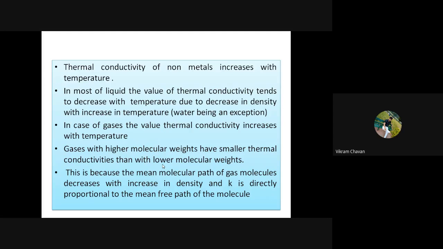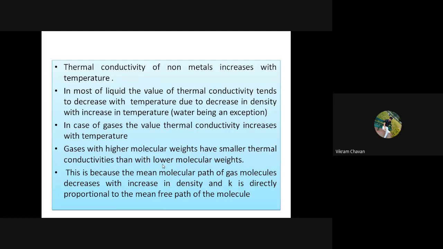And we know that if the molecules are closer, in that case the heat transfer will happen faster than in molecules far away from each other. If you take the example of gases, or we can say air, the molecules are very much away from each other, and because of that the thermal conductivity of gases is very less as compared to liquid, whereas in liquid the molecules are closer.